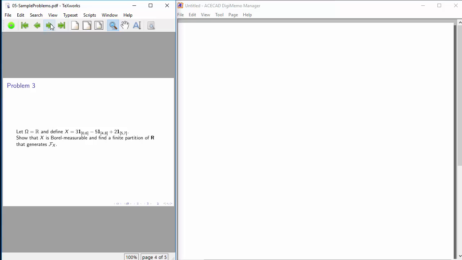First, I can see that X is going to change value at the endpoints of these various intervals. It's going to change value at 0, 4, 5, 6, 7, and 8.